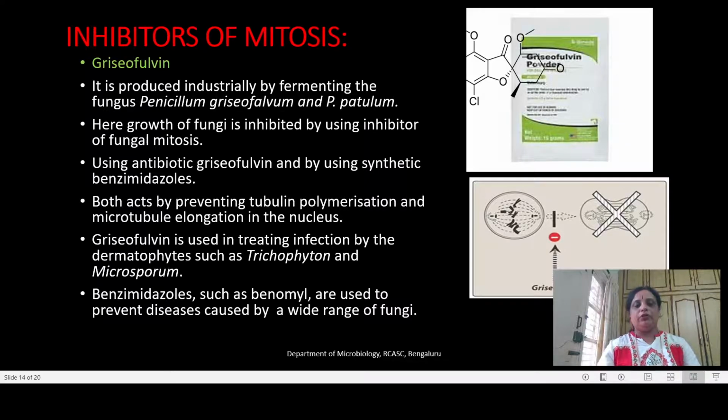The microtubules should form, and the chromosomes have to move towards the different poles. So it inhibits the formation of this tubulin protein. If the tubulin protein itself is not formed, microtubule formation is affected. Because the microtubule is not formed, fungal cell division is inhibited. So this is done by griseofulvin.